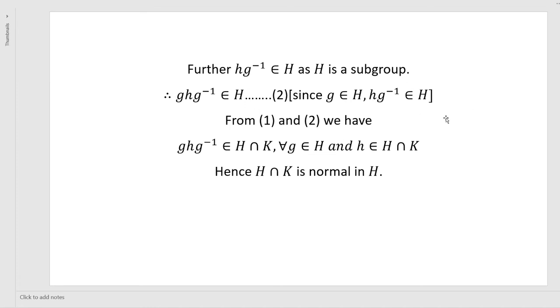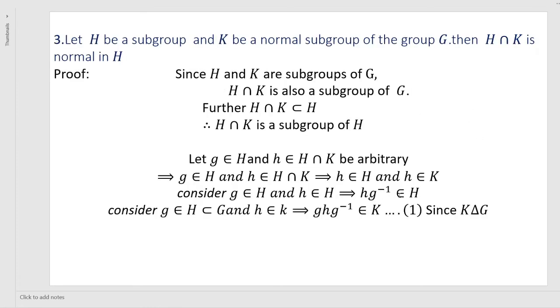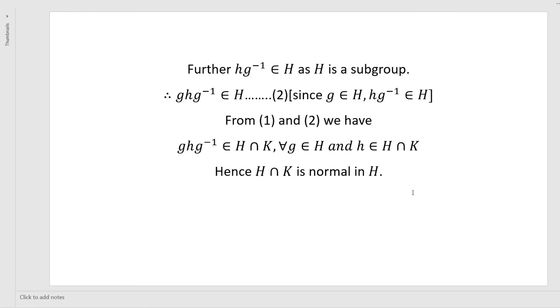So look here further. From this, h inverse belongs to H, as H is a subgroup. Then g inverse also belongs to H, because g is taken from the set capital H, and g inverse belongs to capital H, since this is a subgroup, right?